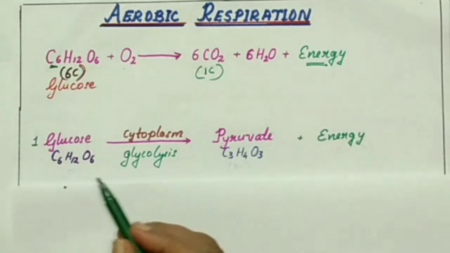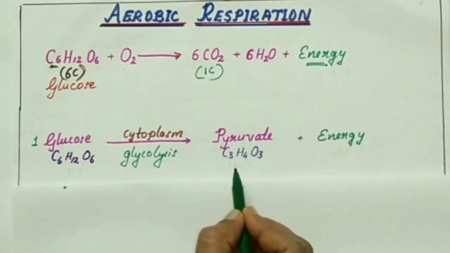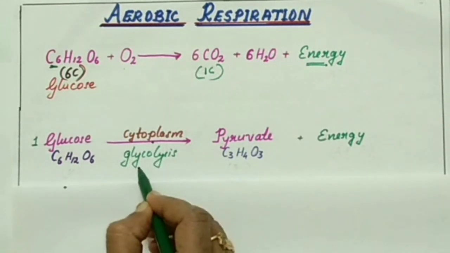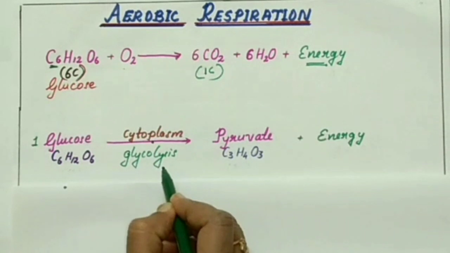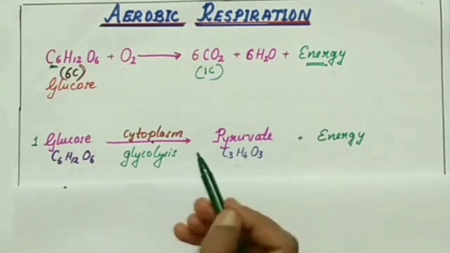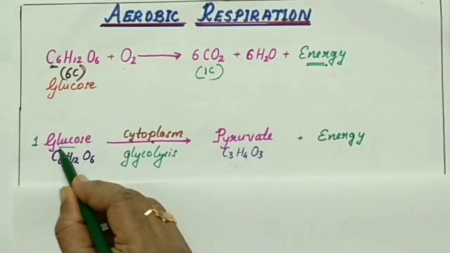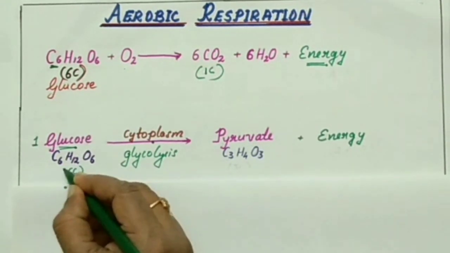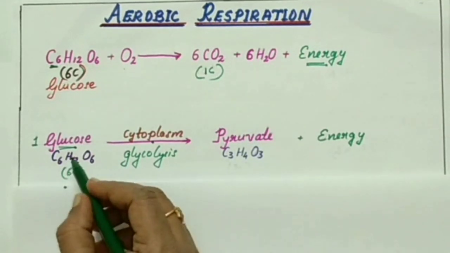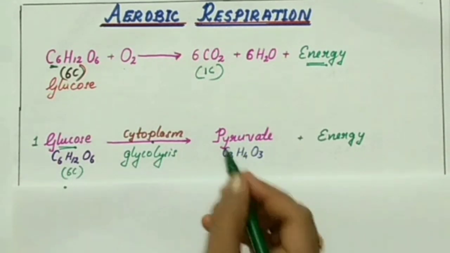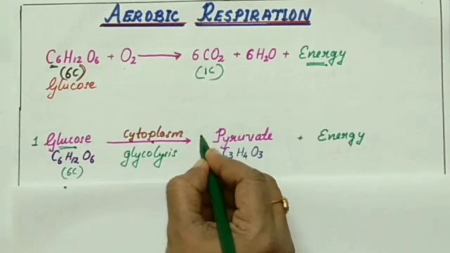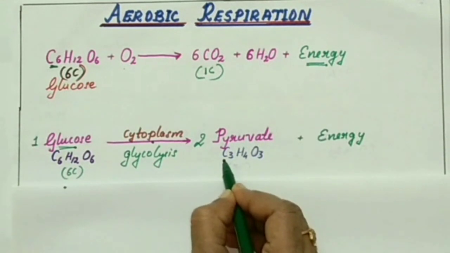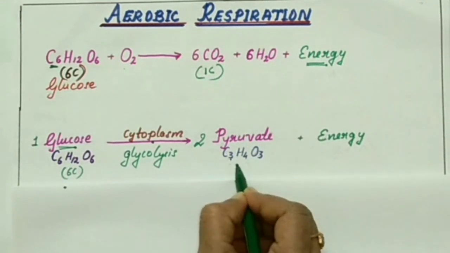Glycolysis. The first step of aerobic respiration takes place in the cytoplasm, and this step is called glycolysis. Here, one molecule of glucose, which is a 6-carbon compound, breaks down into 2 molecules of pyruvate, which is a 3-carbon compound.